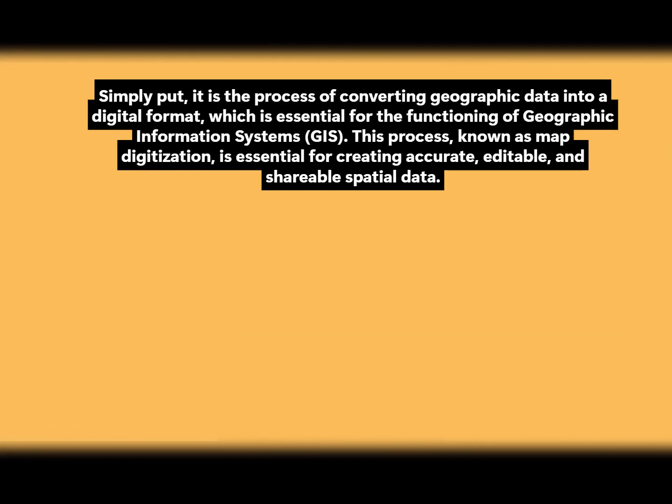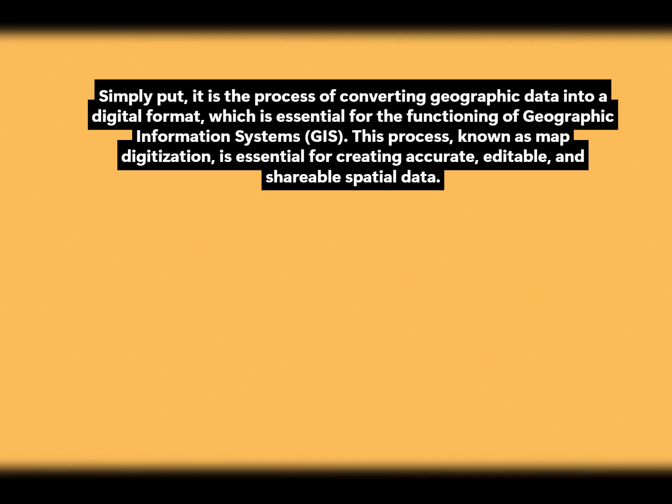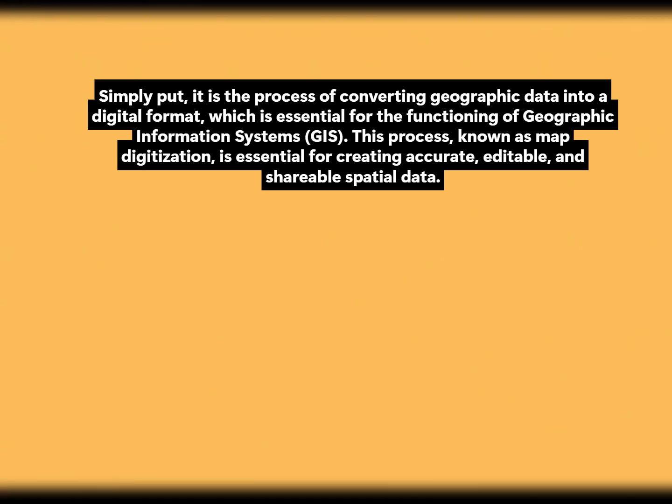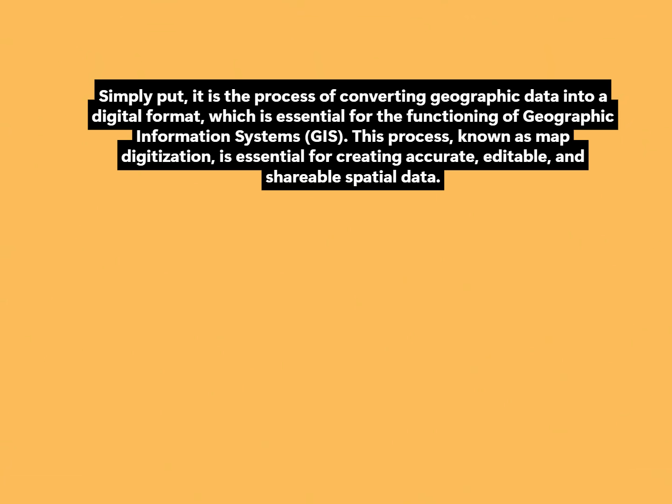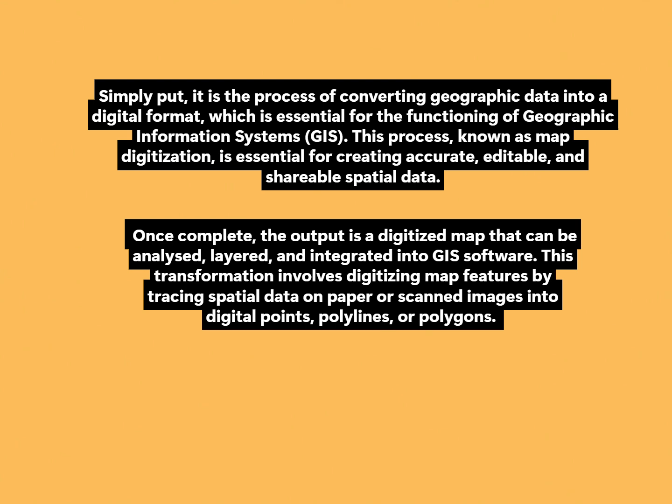Simply put, it is the process of converting geographic data into a digital format, which is essential for the functioning of geographic information systems. This process, known as map digitization, is essential for creating accurate, editable, and shareable spatial data. Once complete, the output is a digitized map that can be analyzed, layered, and integrated into GIS software.